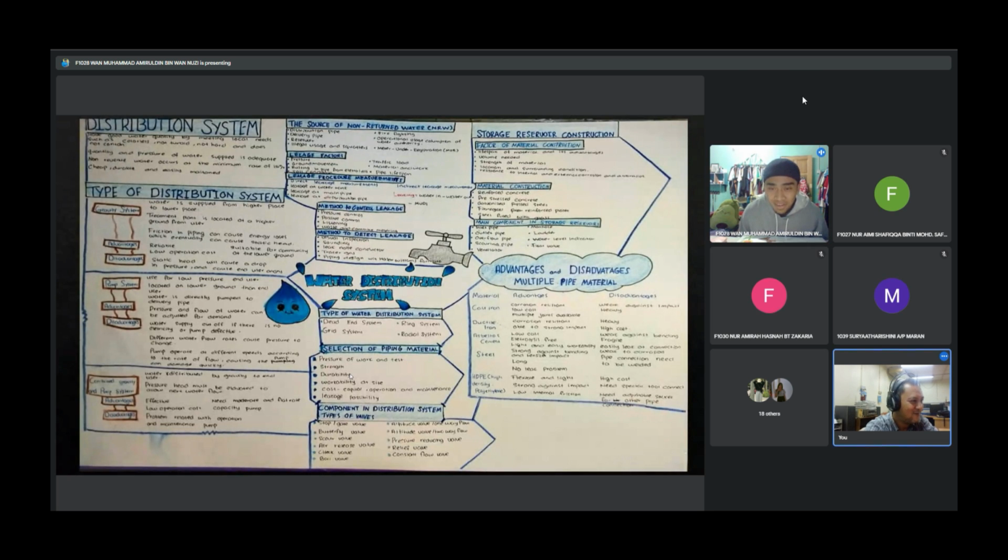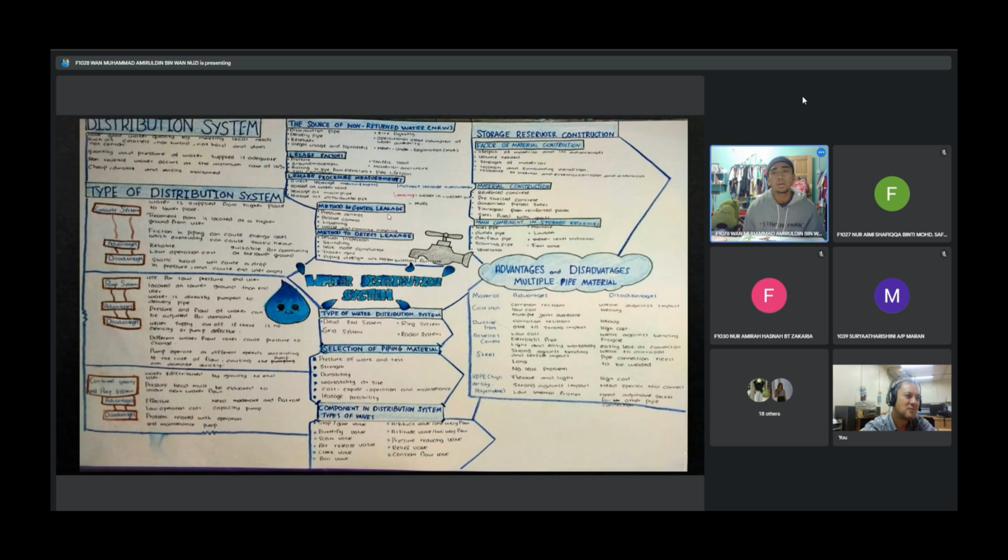Altitude valve, two-way flow, pressure reducing valve, relief valve, constant flow valve. Okay, and we go to the storage reservoir construction.